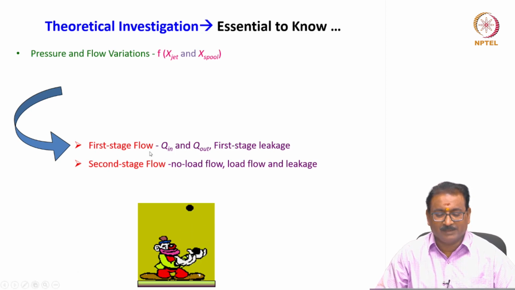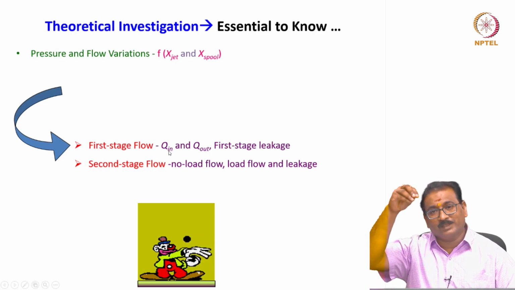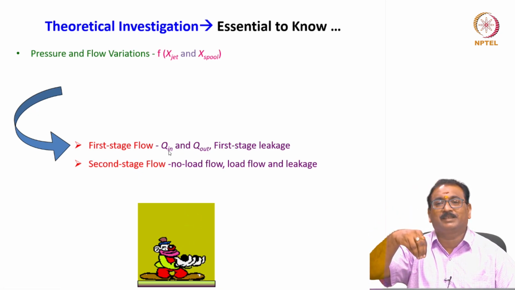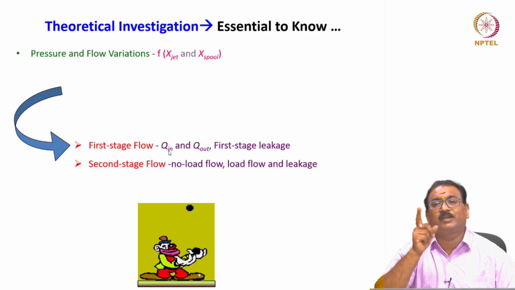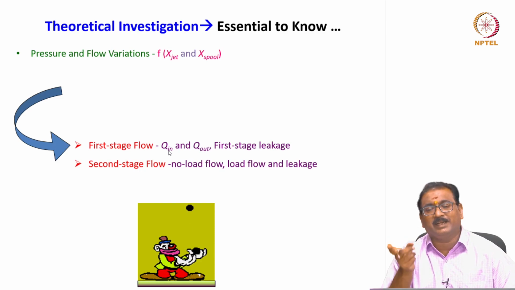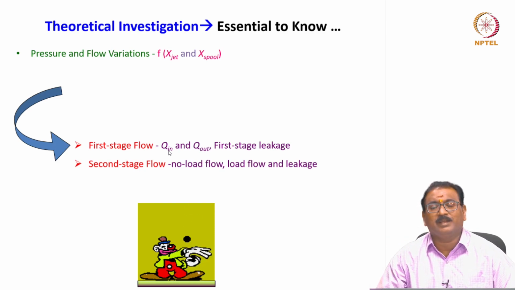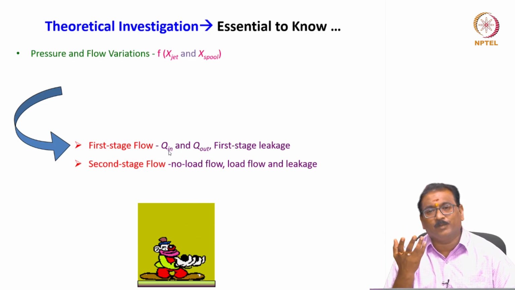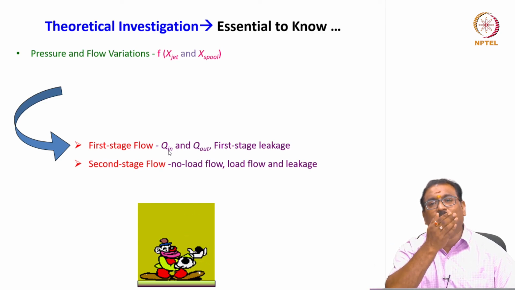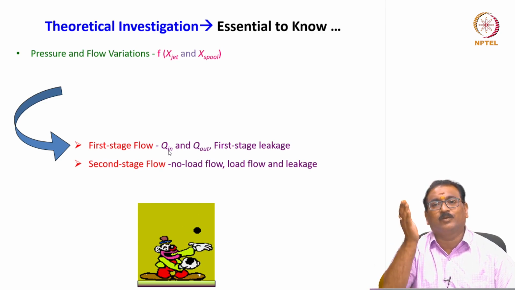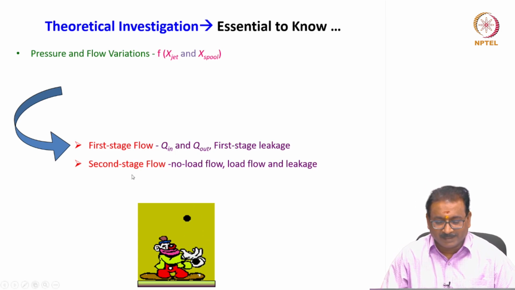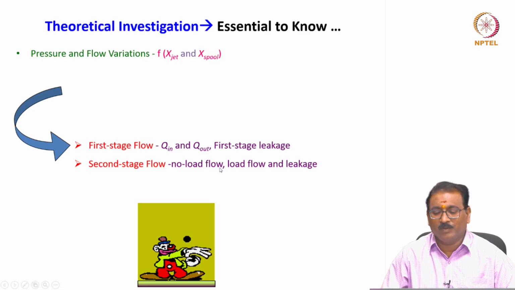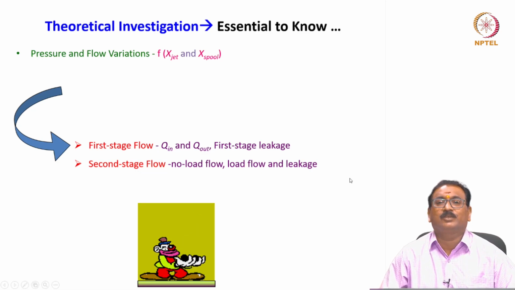So the first stage flow, as I have told you, Q in, is how much flow is coming in whether the jet pipe is at center or deflected, which consists of Q in 1 and Q in 2 in the left receiver and right receiver. Similarly, Q out means after pushing the spool, the flow comes out, Q out 1 and Q out 2 to the receivers 1 and 2, correct, friends. Similarly, in the second stage, no-load flow and leakage flows are essential.